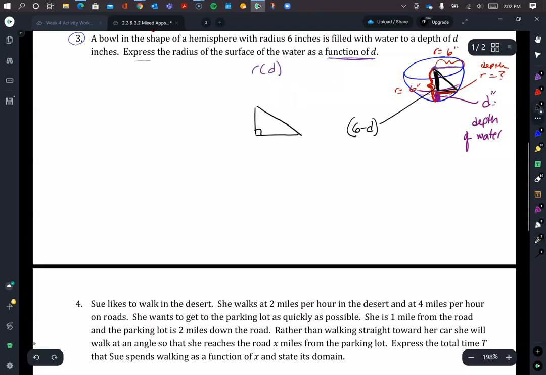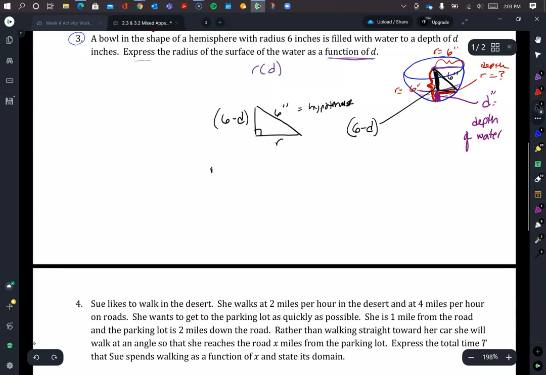And so I have r, I have 6 minus d, and I need one more piece. Well, I know that the radius from the center out to the edge of the bowl is 6. So this would be 6 inches. That's a standard thing that was given. So now if I want to find out what r is in terms of d, I can use the Pythagorean theorem, where the hypotenuse is my 6 inches.